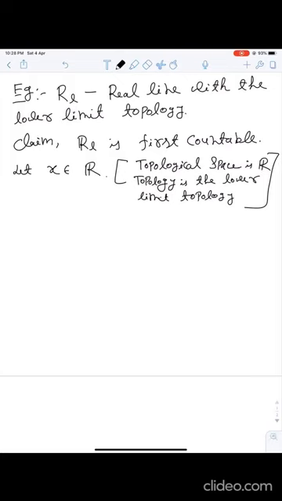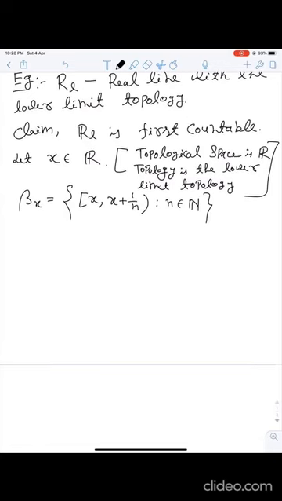Then choose beta x equal to that one. That is the intervals [x, x plus 1 by n), where n belongs to natural numbers. Now this forms a basis at x.